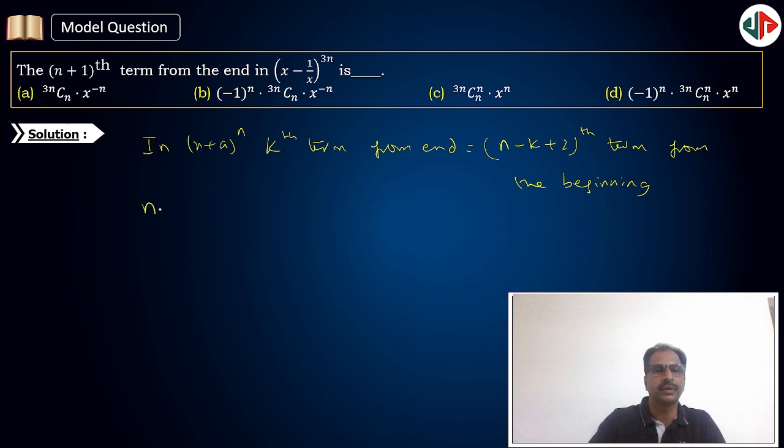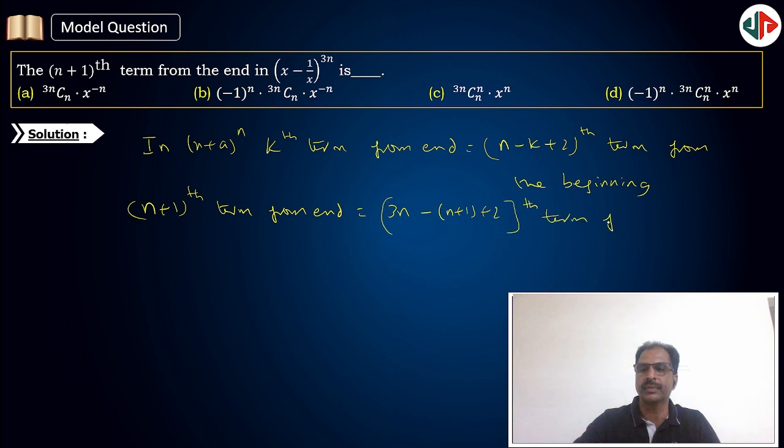Therefore, the (n+1)th term from the end, where the power is 3n, is (3n - (n+1) + 2)th from the beginning. This is nothing but 2n + 1.